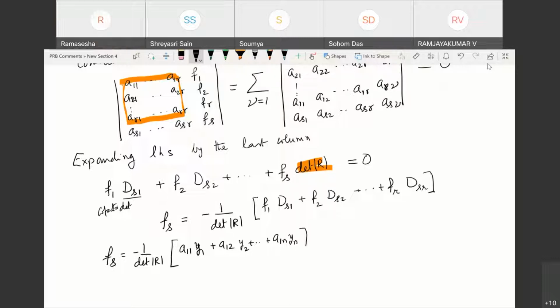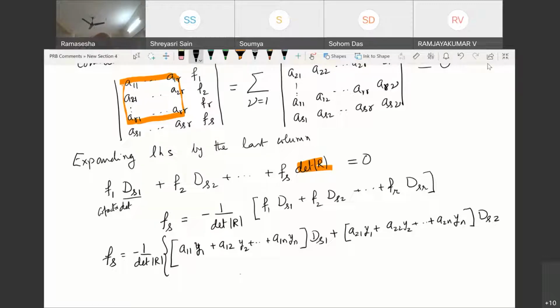Plus F2 is A21 y1 plus A22 y2 plus A2n yn, ds2, plus etc. plus Fr is Ar1 y1 plus Ar2 y2 plus etc. plus Arn yn times dsr.